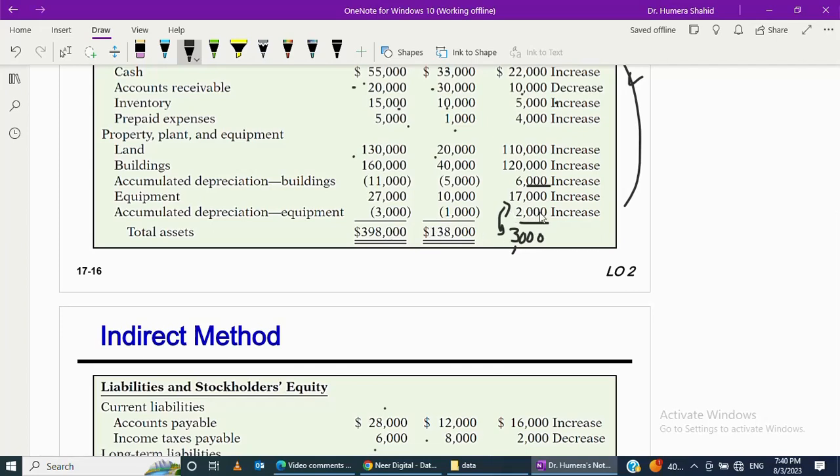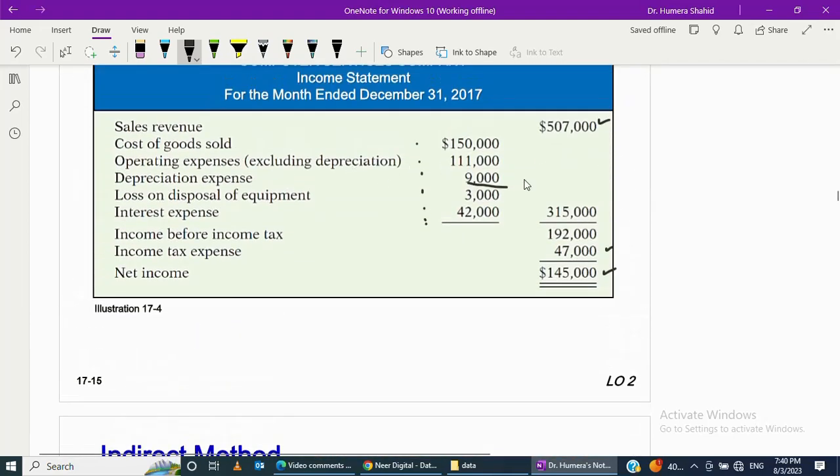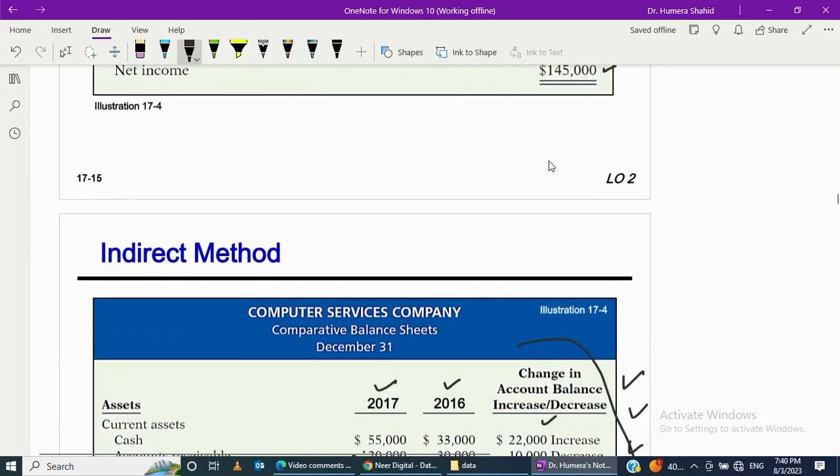So that's why the difference is 2,000. 1,000 is already sold out, so that's why together it's 3,000. But you don't need to go in that much deep details because it's just the initial example. So just think that it's 3,000, and we have a very clear picture of depreciation over here, 9,000.